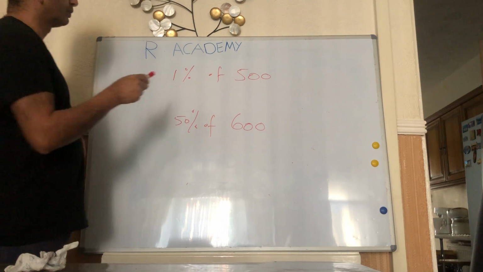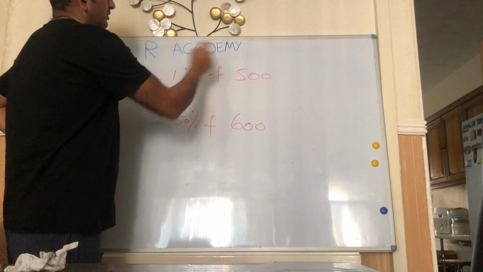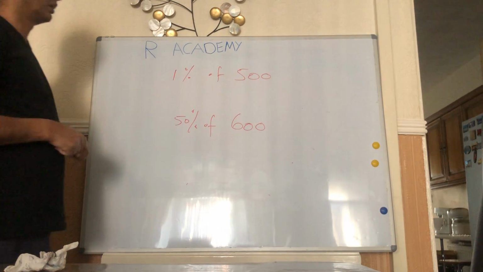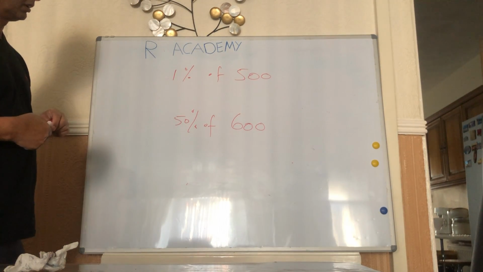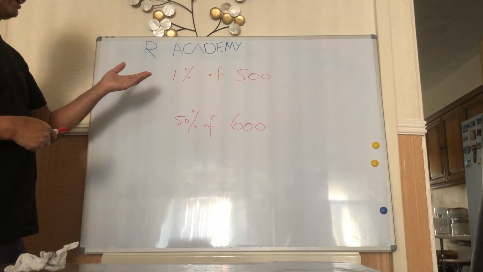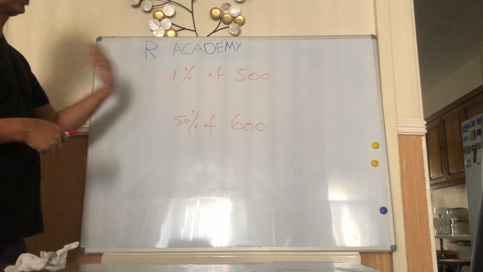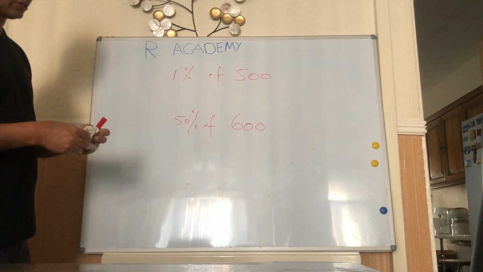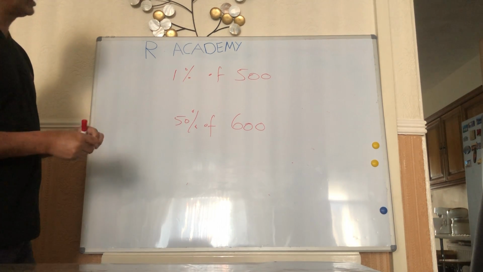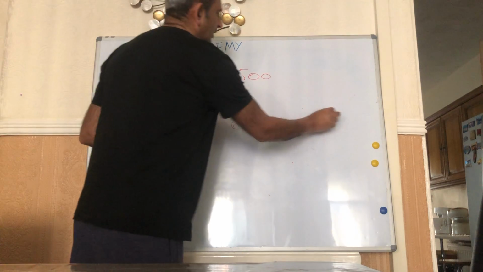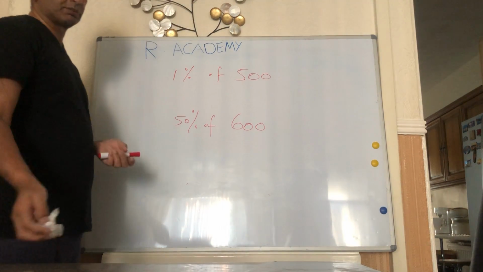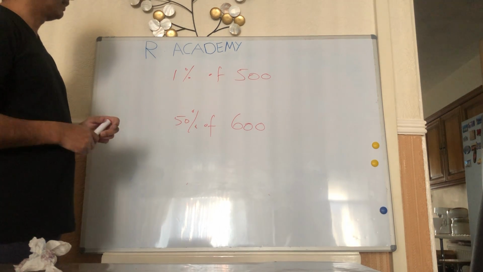A quick way of doing this would be 1 times 5, forget the zeros, 5, and your answer is 5. But we can't get to that yet because that's a shortcut. If you know percentages, you're going to do these sort of things in your head. But when you're explaining to a 7, 8-year-old how to work out something like that, you have to keep it a little bit simple.